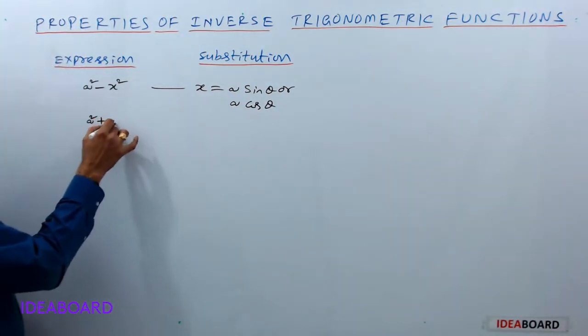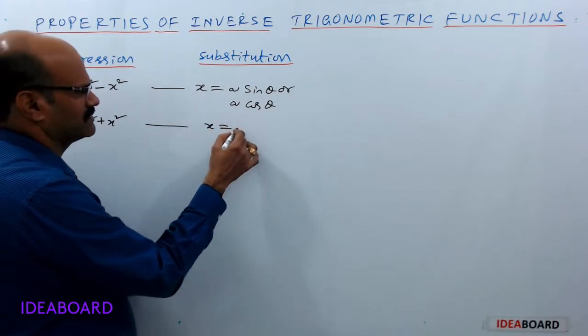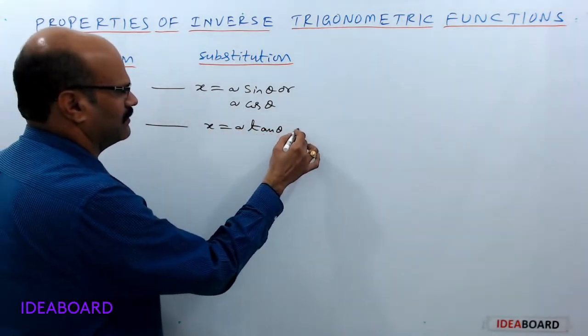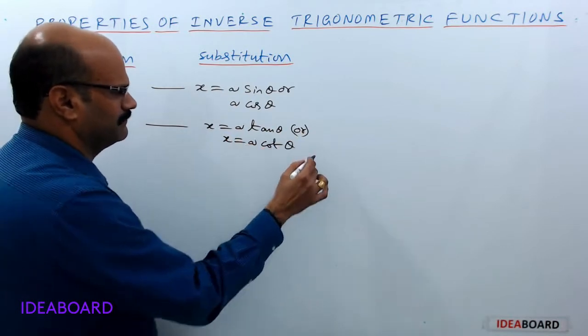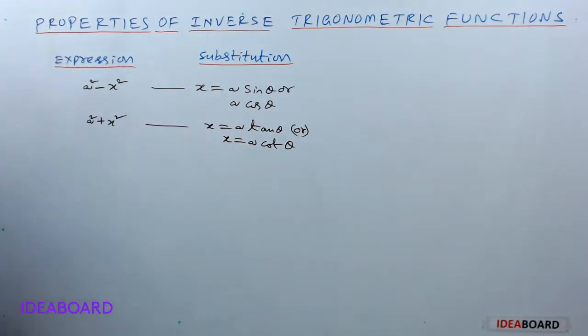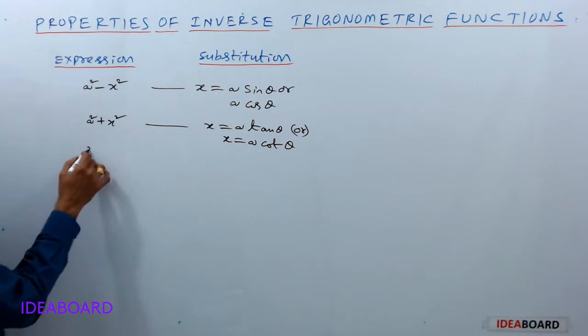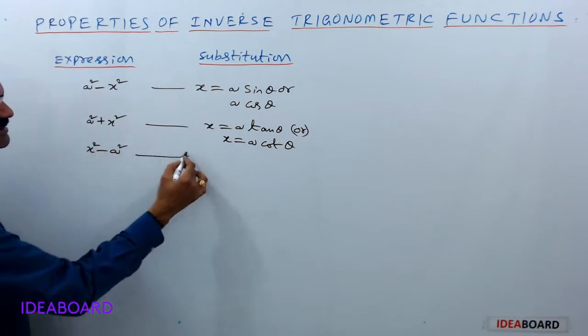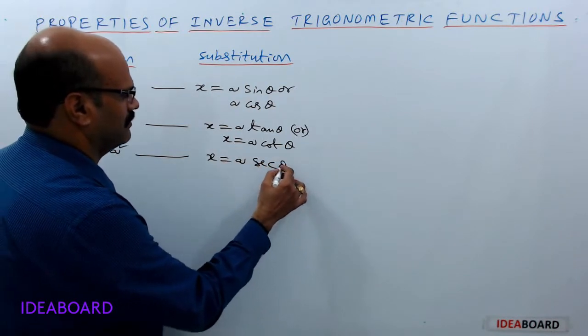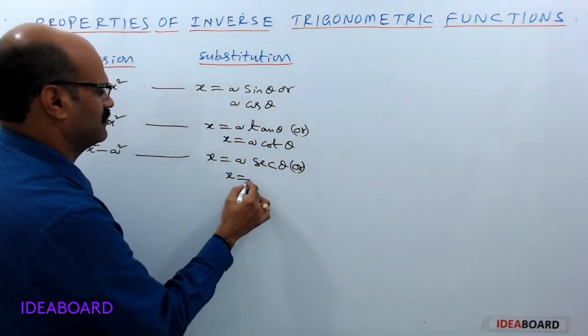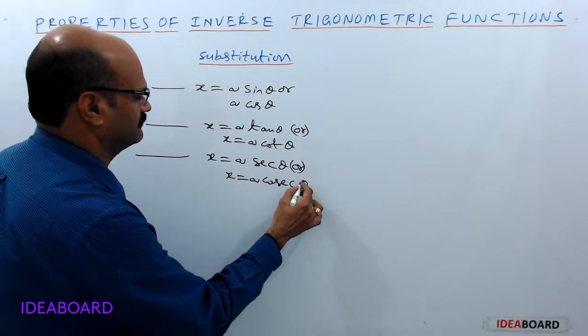A square plus x square, x equal to a tan theta or x equal to a cot theta. X square minus a square, x equal to a secant theta or x equal to a cosecant theta.